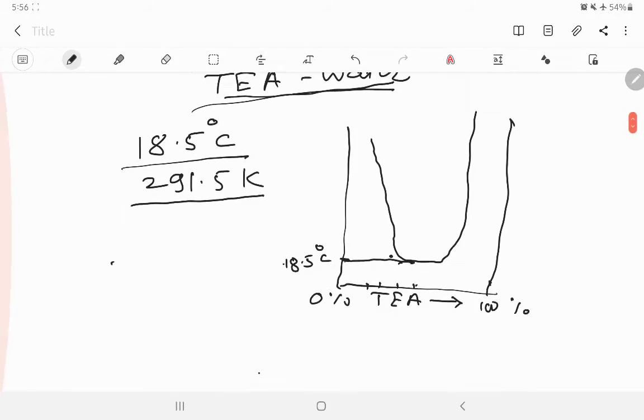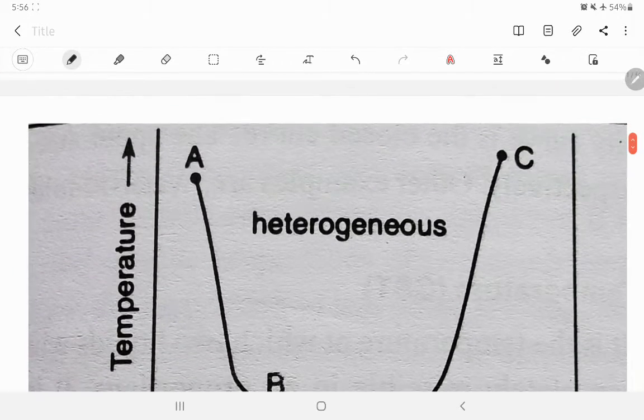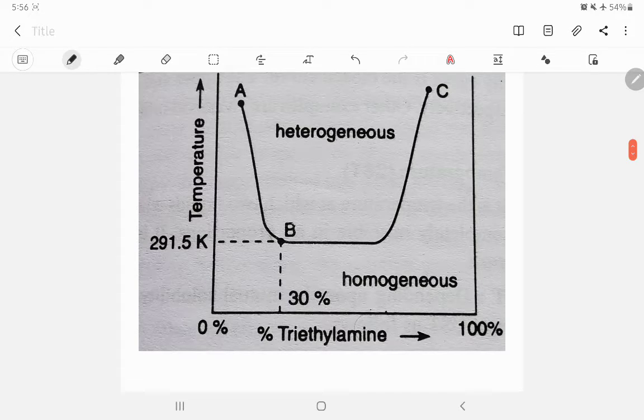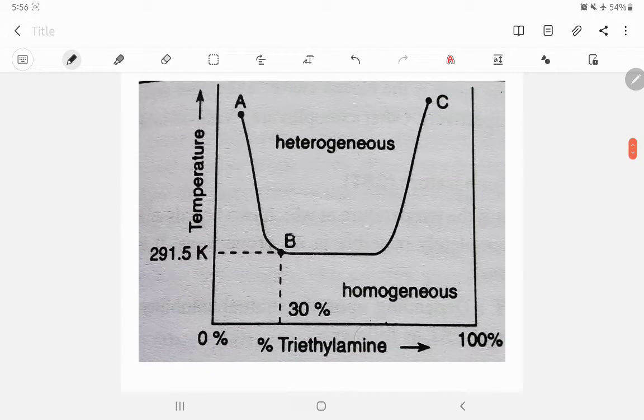Now if we consider this diagram here, below this 18.5 there are no two layers. The diagram should be like this, and here should be 18.5.